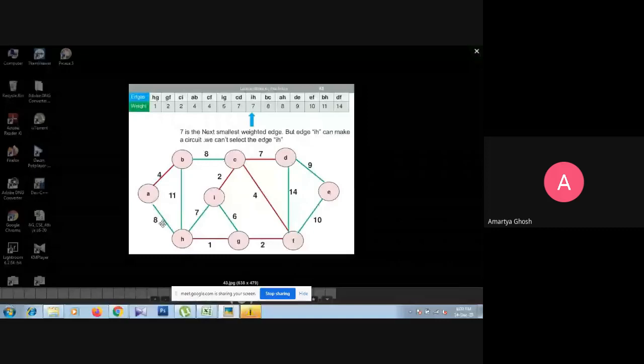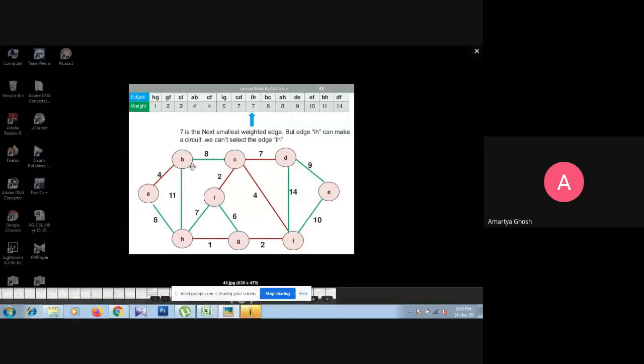You can see, if we write AH first, this AH can be chosen. If we write BC first, before AH, and connect this BC, you can see this is a graph of I, C, D and CF.